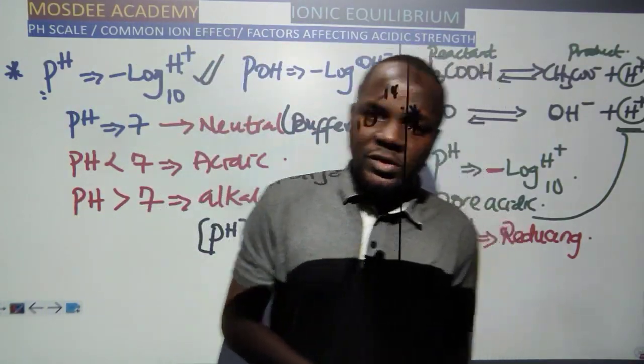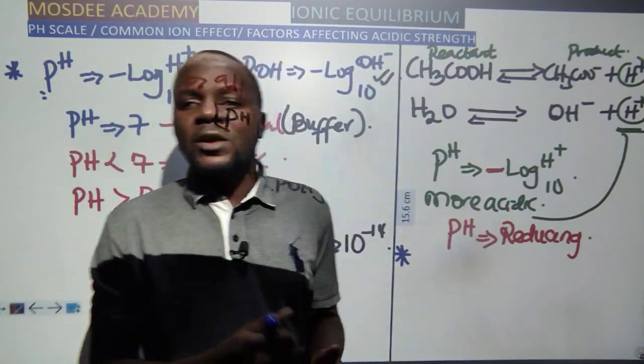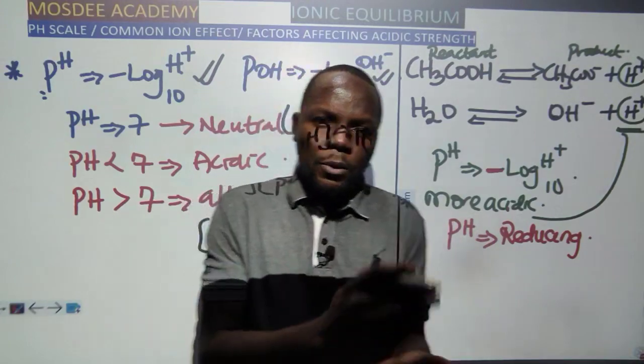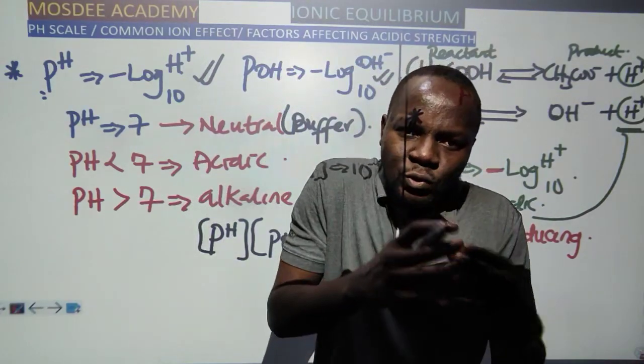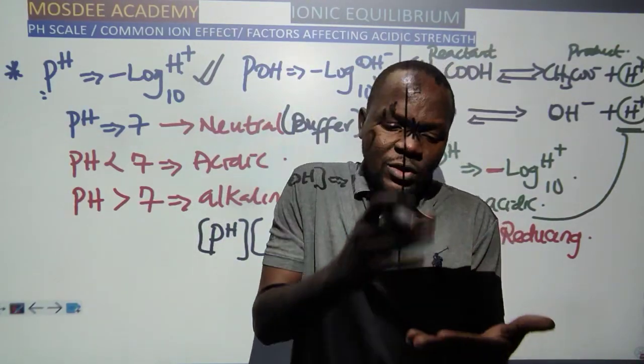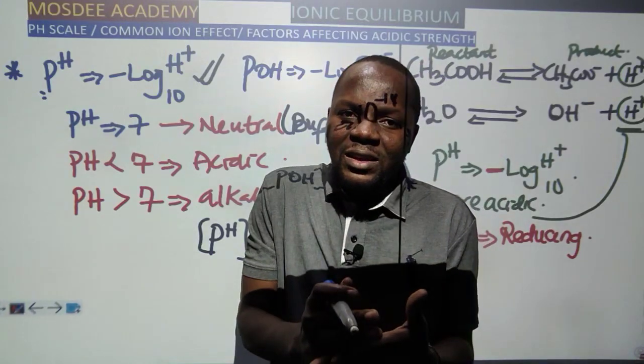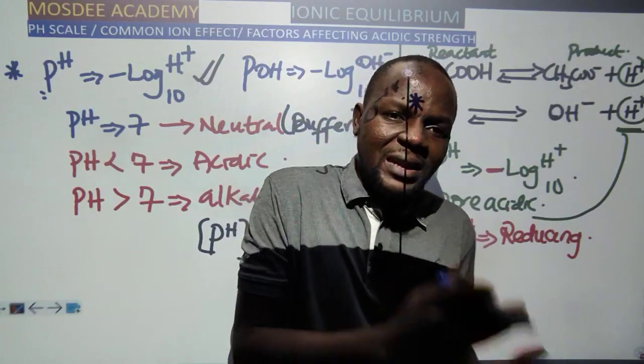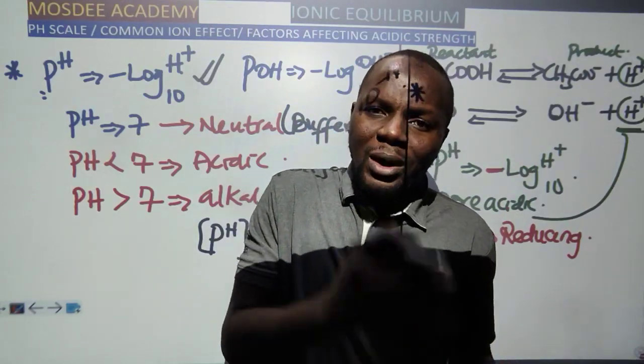If a particular substance has the ability to dissociate easily, that means the bonds are not held together tightly. They are weak acids. Because it can dissociate easily, you expect that substance to have the tendency of forming more acid.